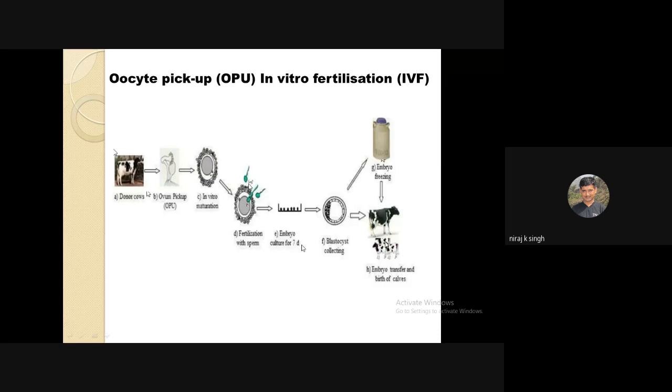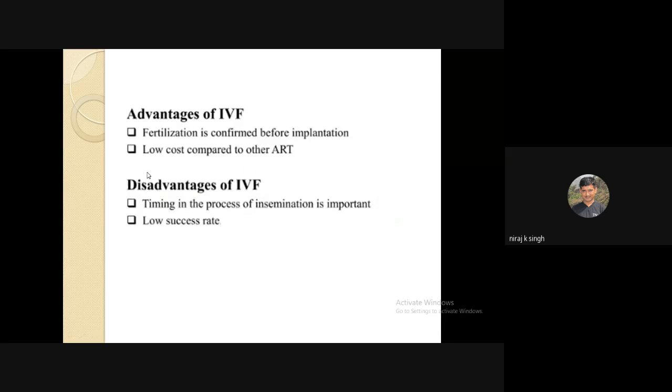The progeny produced won't have the genetic material of the mother who has given birth, but it has the genetic material of the main mother, the biological mother, from which the ovum has come. So this is the surrogate mother. The surrogate mother is a low yielder, the main mother is a high yielder. Here in the OPU IVF technique, we can propagate genetic material of high yielder males as well as females.